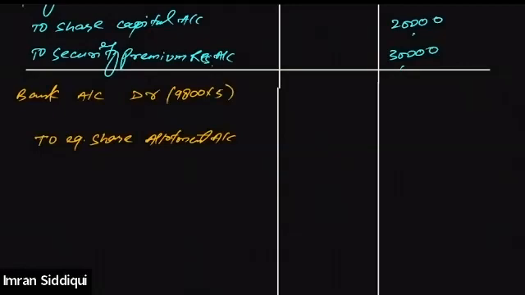Is that okay? So this will be 9,800 into 5, that means 49,000. Is that clear? And how much is in arrears? For 200 shares, we did not receive any payment, so we'll debit that to the calls in arrears account.